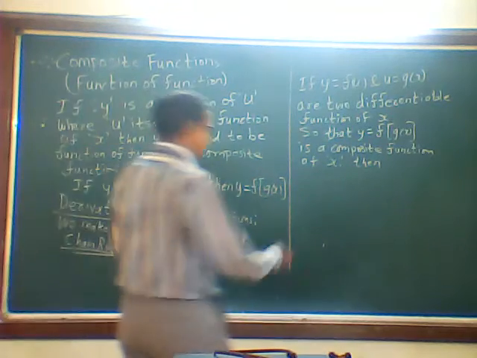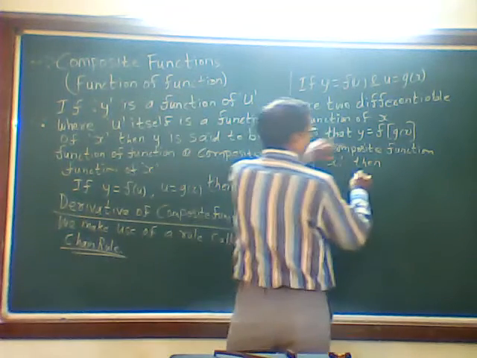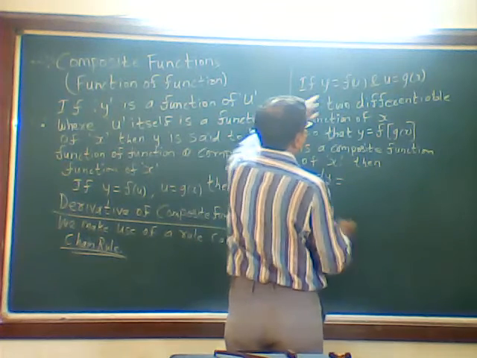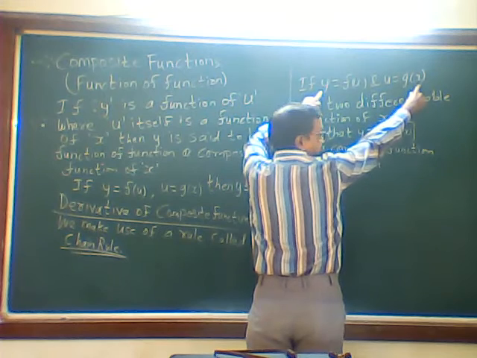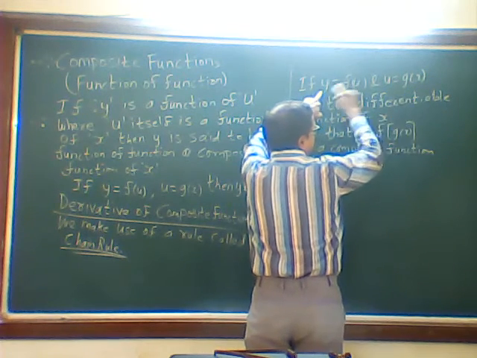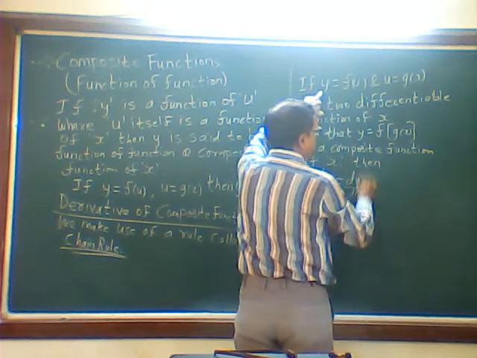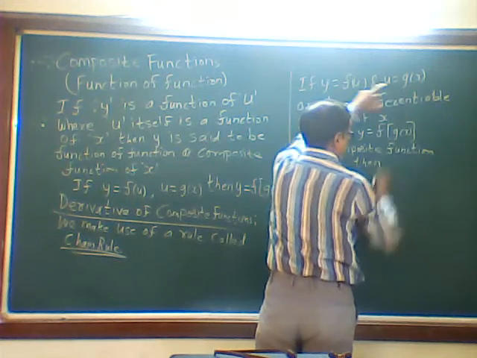Then dy by dx will be what? Y is the starting point, the ending point is x. See here, dy by dx is equal to dy by du into du by dx.